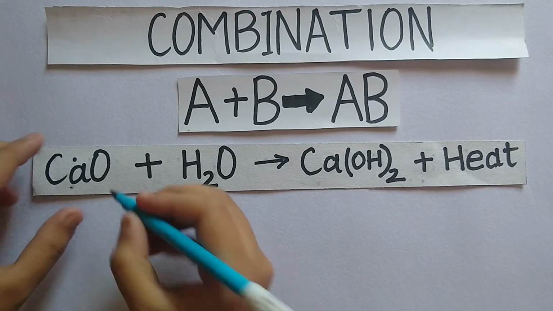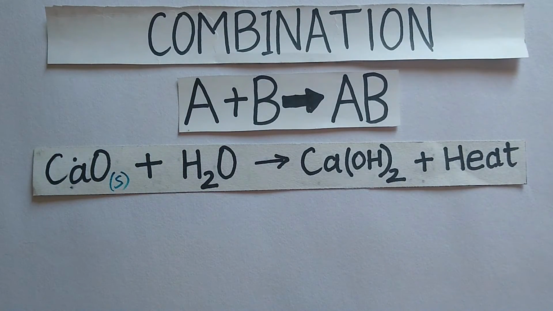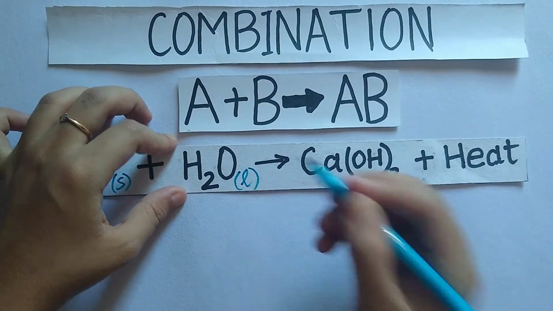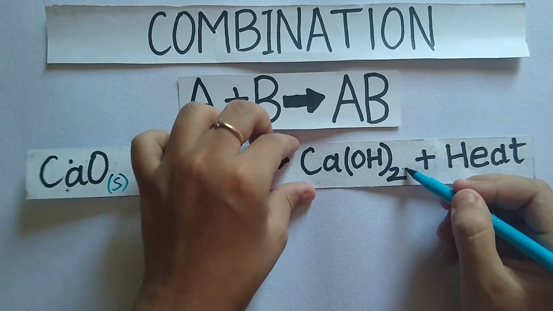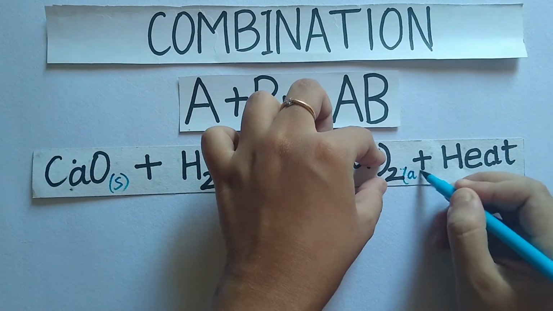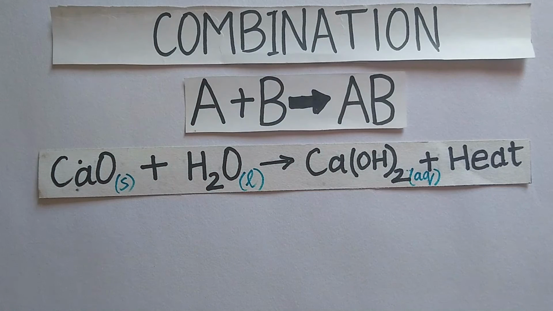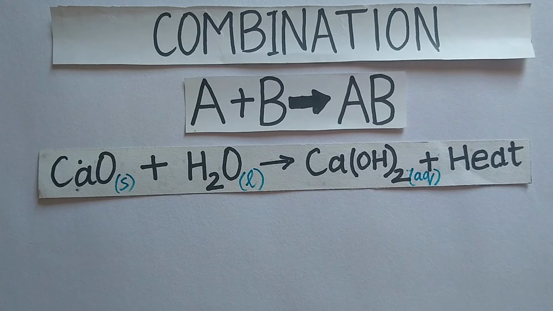CaO, we took the solid CaO to combine with water. Water is in its liquid state, combined to give us Ca(OH)2, which is (aq). AQ means aqueous. Now what exactly is an aqueous solution? When a compound is added with water, it will give you another compound.